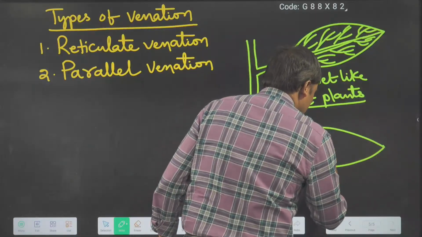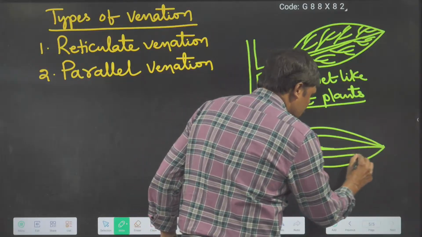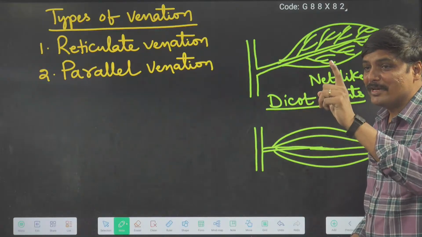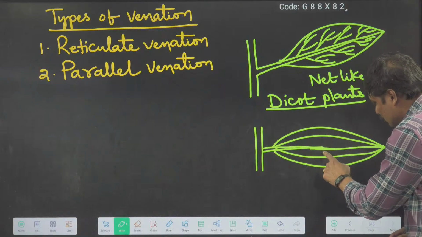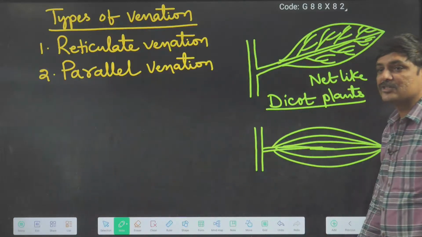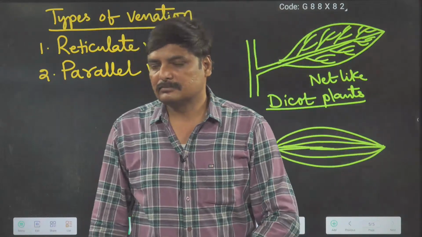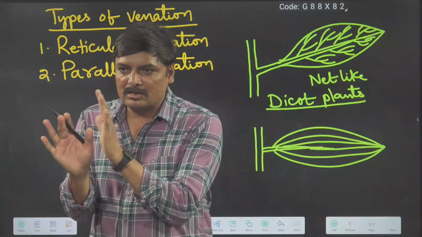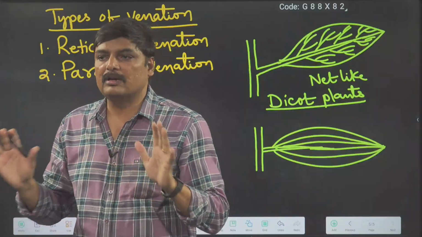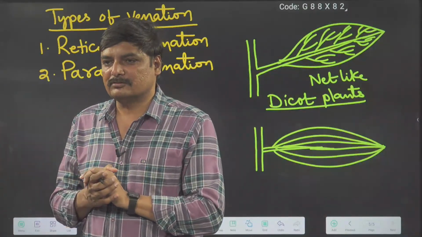See, this is one, second vein, third vein. Look at this. All the veins are arranged parallel to each other. 1, 2, 3, like that. Veinlets are not conspicuous. They are not clearly visible in case of monocots, that is in parallel venation.